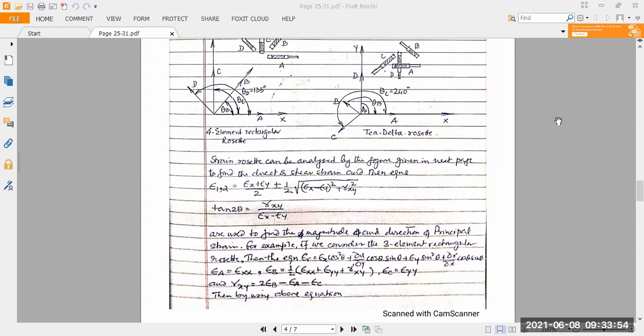Then epsilon A is equal to epsilon x, epsilon B is equal to half of epsilon x plus epsilon y plus gamma xy, and epsilon C is equal to epsilon y, and gamma xy is 2 epsilon B minus epsilon A minus epsilon C. By using this equation, let us see how this equation happened. We got the three-element matrix here.